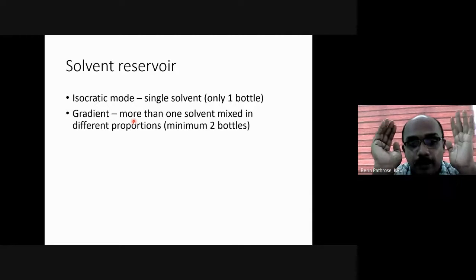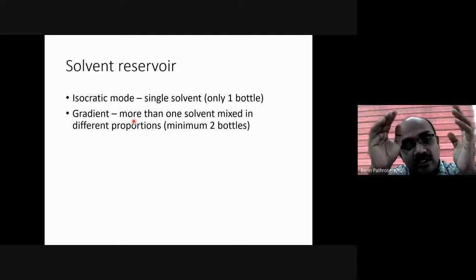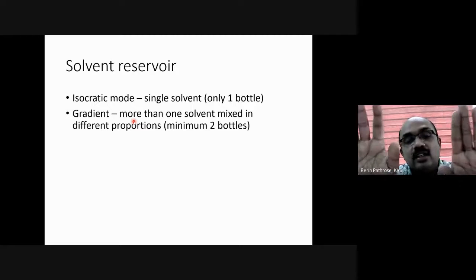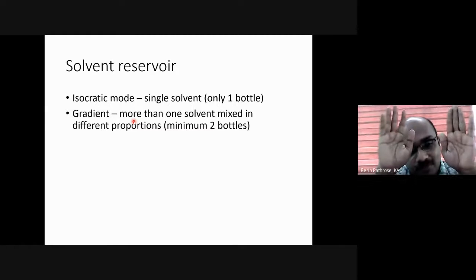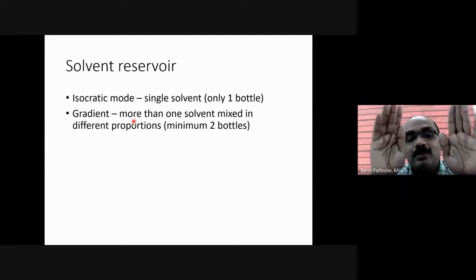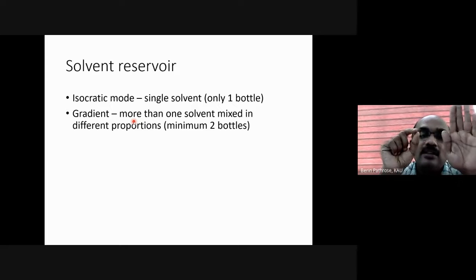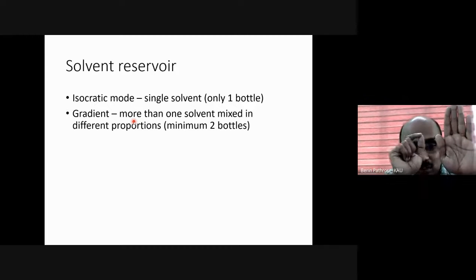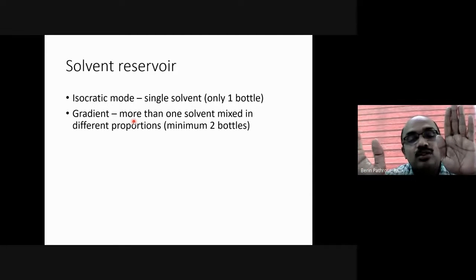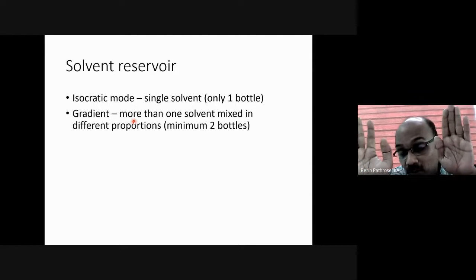If we program the system, we just type into the computer that once we start the analysis, draw 100% from solvent A. At that time, only the pump connected to reservoir A will function, and the pump connected to reservoir B will not function.